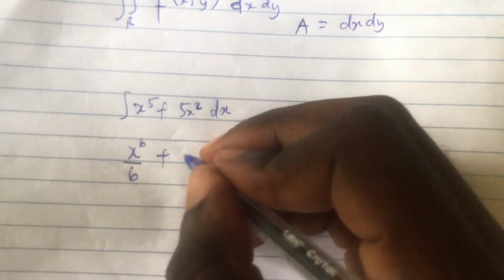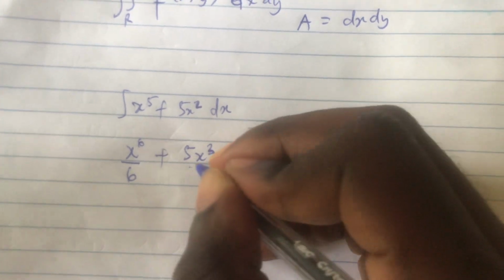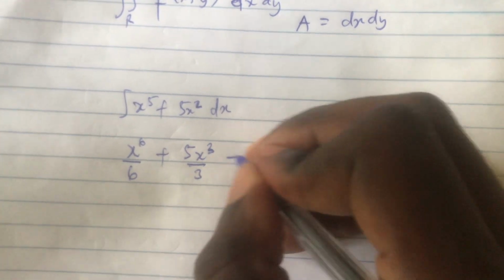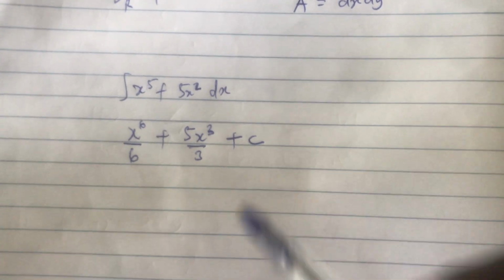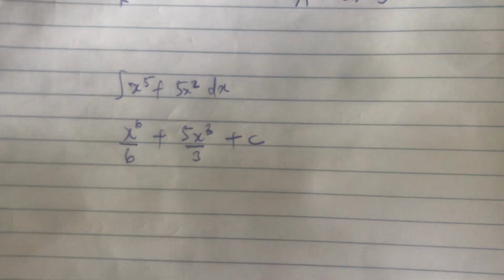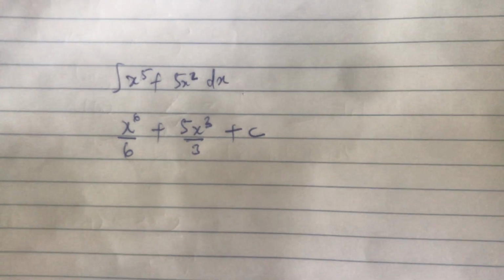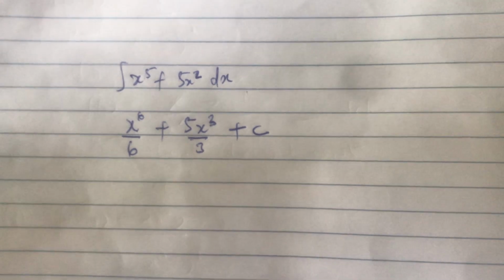So then it becomes 5x cubed all over 3 plus c, the constant c. So now this becomes the integral of this particular function. So with double integral, it's done the same way, but just that here we have 2 dimensions.